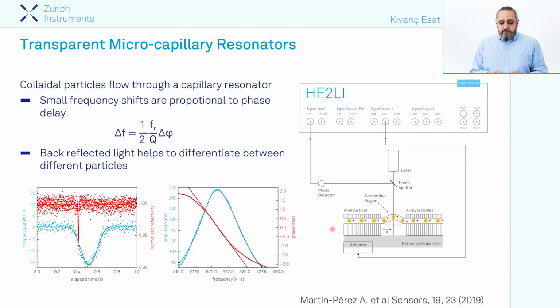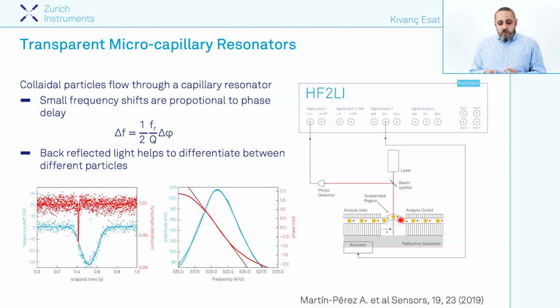But there is another problem here because we are essentially sensitive to the buoyant mass, not the actual mass of the particle, because this is the capillary resonator and the colloidal particle. That's why we use another technique that relies on optical scattering.